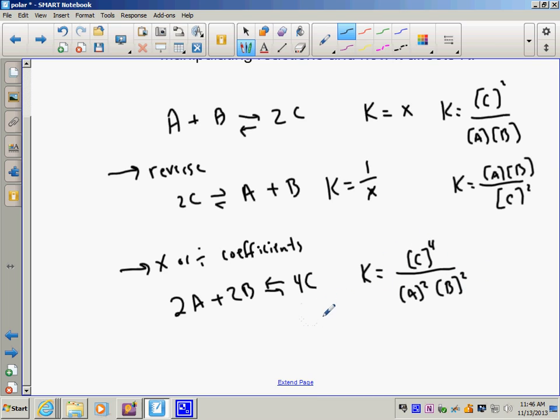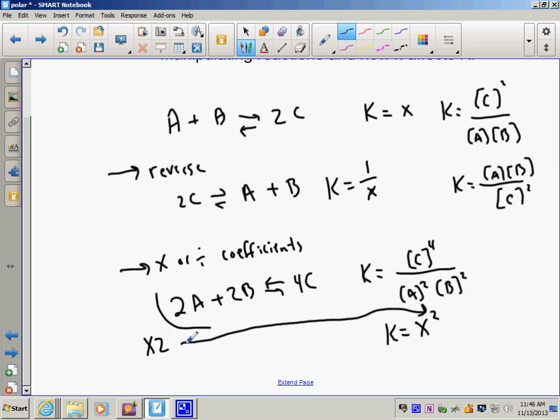Whatever this turns out to be, K will equal X squared. So in this case I took all my coefficients and multiplied them by 2. This became 2, 2, and 4. Whatever I do to these coefficients ends up affecting the power of K.